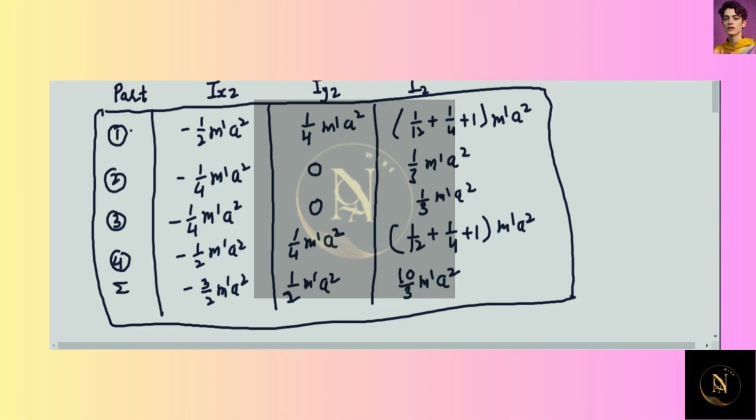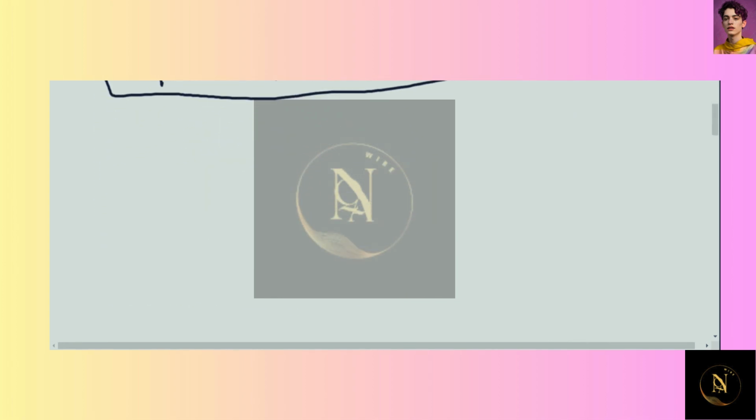Now we can write the angular momentum of the assembly about the centroid G along the x-axis, y-axis and z-axis, substituting the value of moment of inertia. So along the x-axis having the value minus 3 by 2 m dash a square omega, 3 by 2 into 2.5 into 0.5 square into 12 pi.